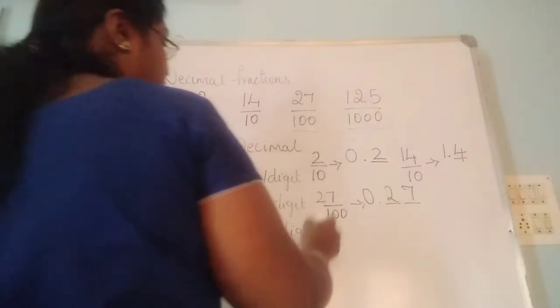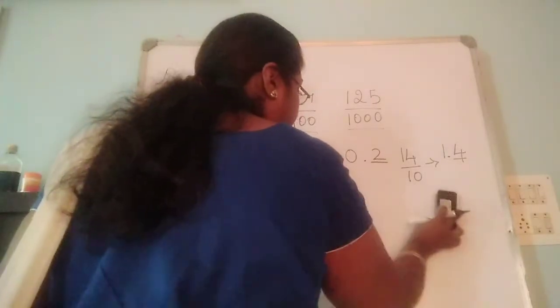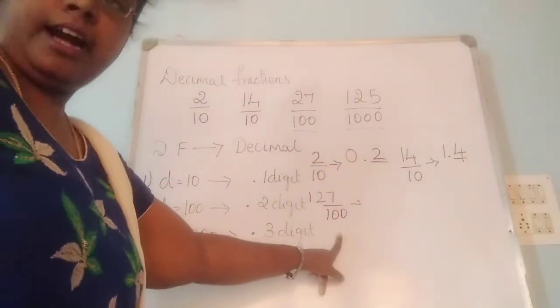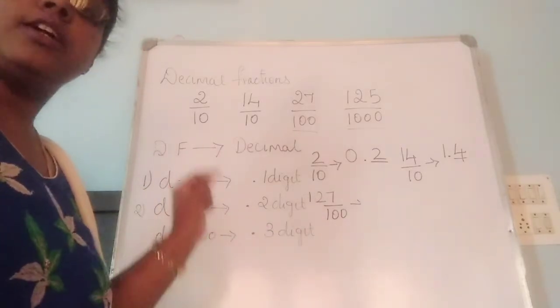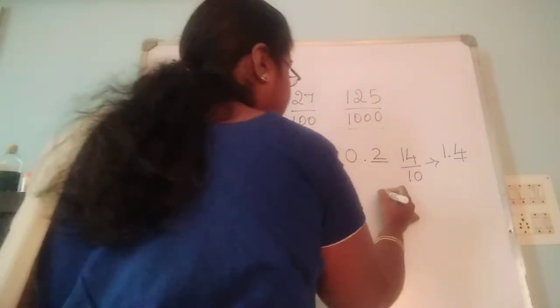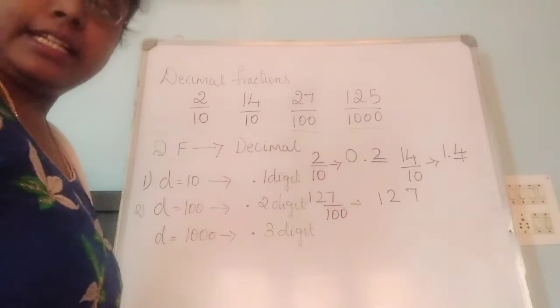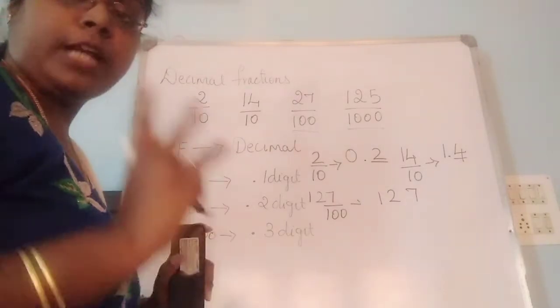Now let's take an example. If our number is 127, what will be the point? Since the denominator is 100, after keeping a decimal point, you have to write 2 digits. So the easy method is to write down the numerator, then keep a point in such a way that after the point you should have 2 digits.